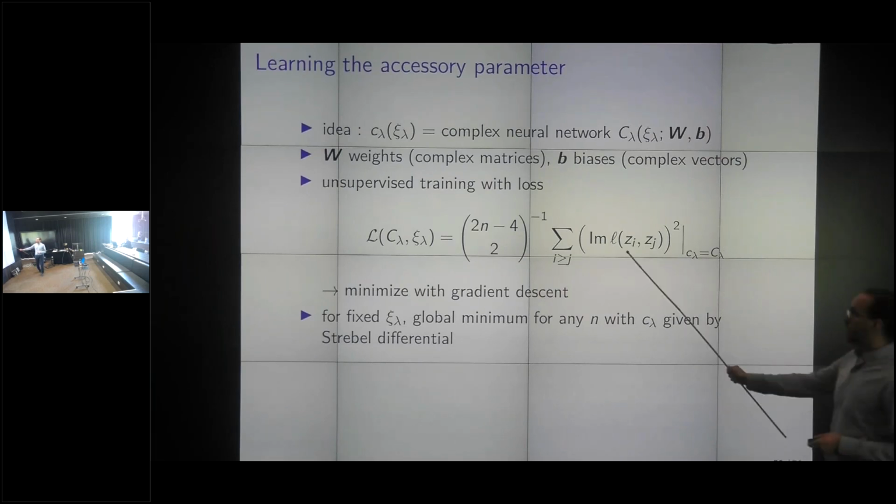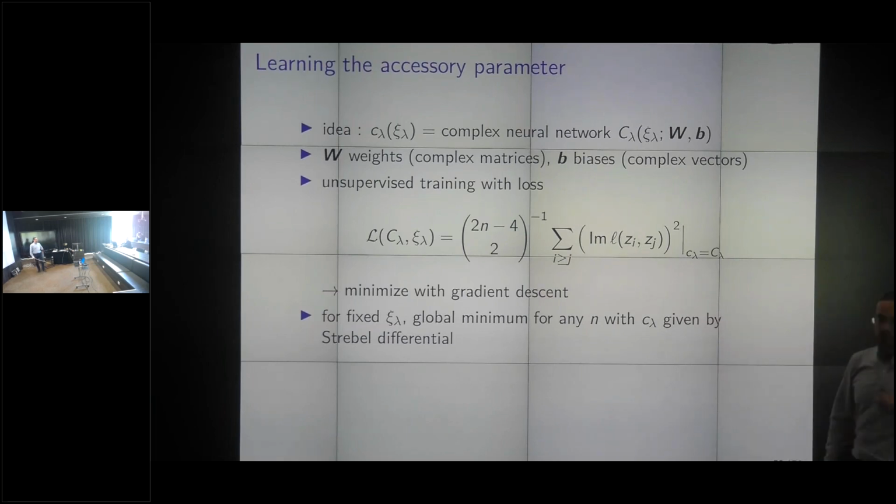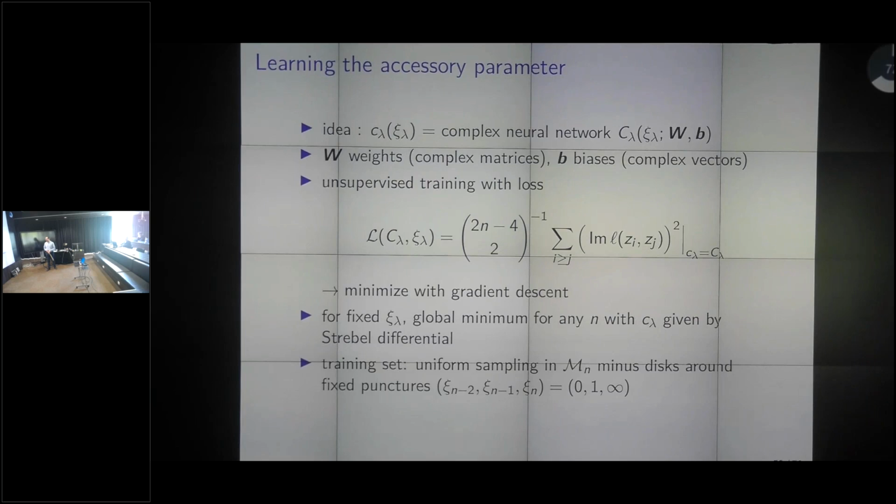And I will minimize this with gradient descent, such that this neural network will just reproduce me the c_i. Here it's a very nice problem because we know that for a fixed c_i, there is a unique Strebel differential. So we can expect this loss to be almost convex. So it's a very nice and well-posed problem.